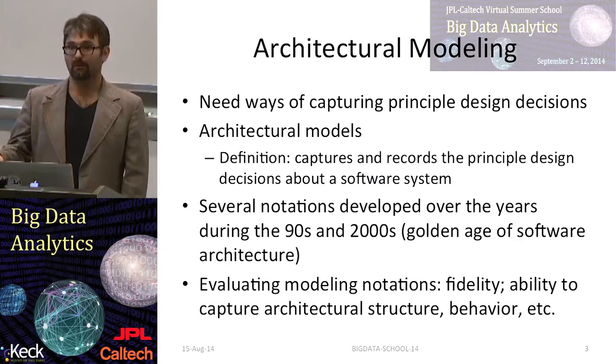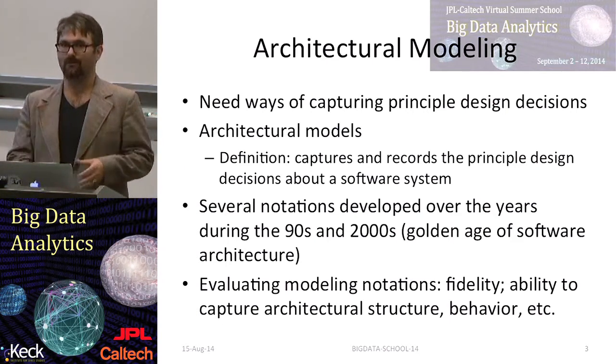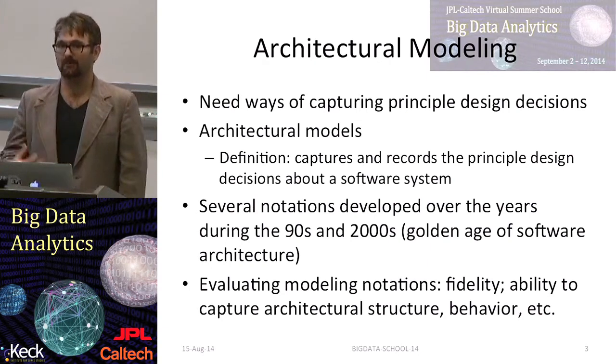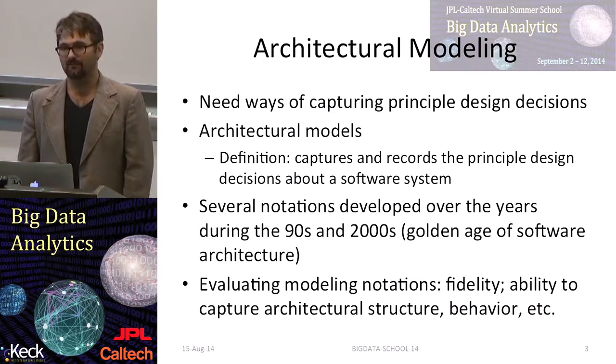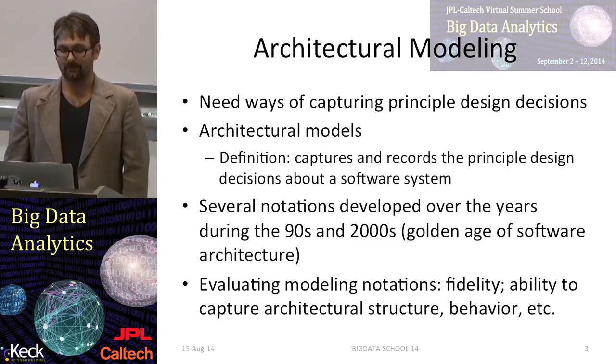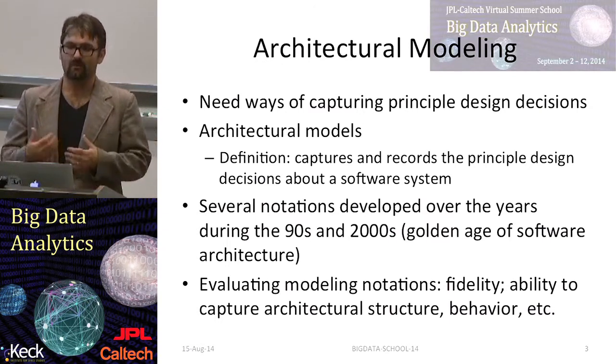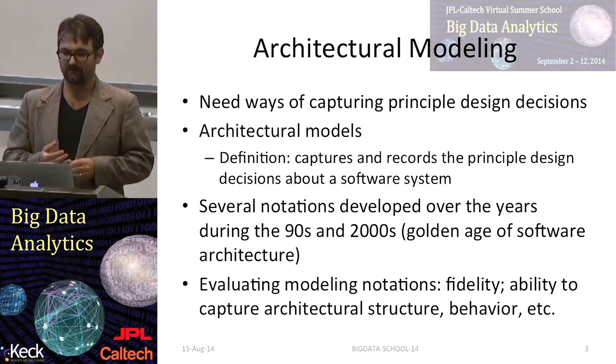You may build a UML model, and what are you doing when you capture those components or the interactions between them? You're capturing the principal design decisions. You're creating an architectural model of your big data system. So an architectural model captures and records the principal design decisions about a software system.